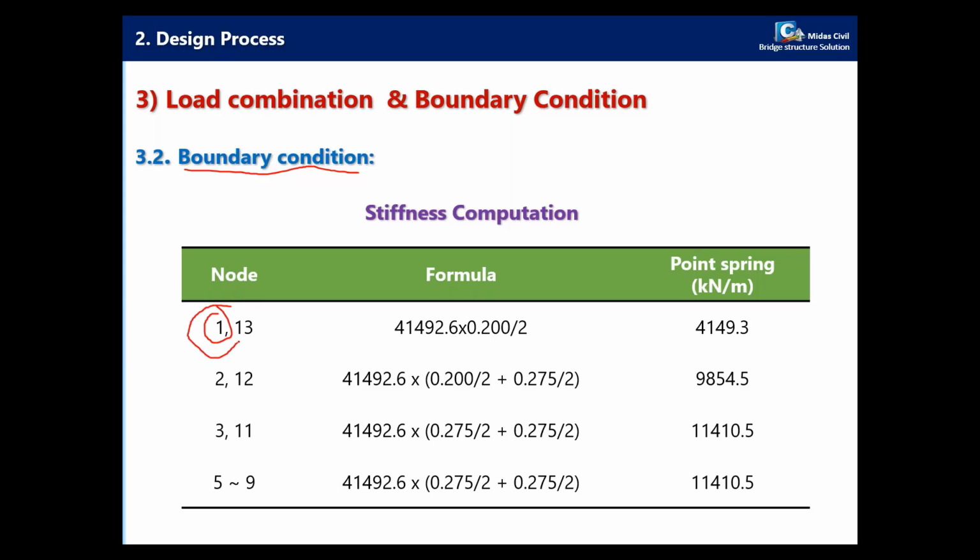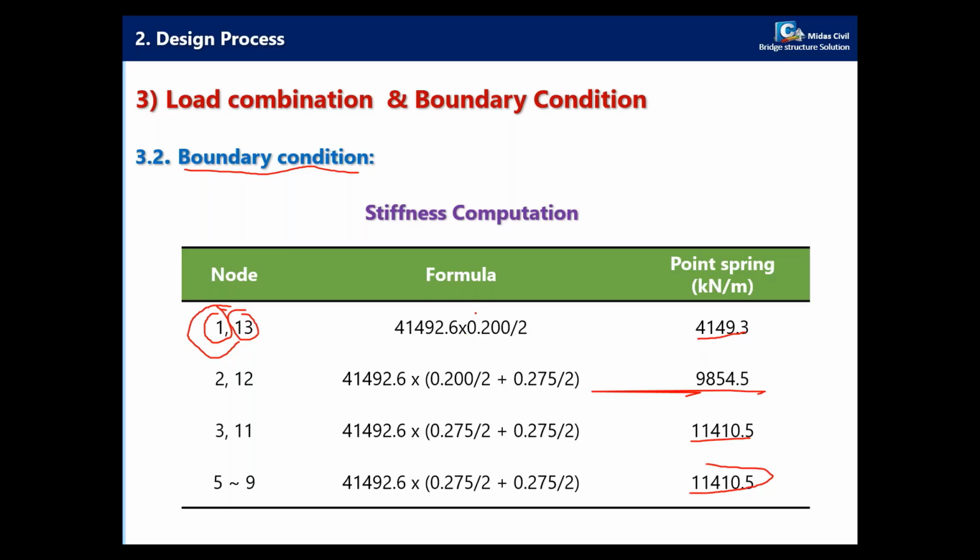for node number 1 and node 13, we have this stiffness for these two nodes, and for node number 2 and 12 we have this value. For 3 and 11 this value, then nodes 5 through 9 we have this value for the stiffness.